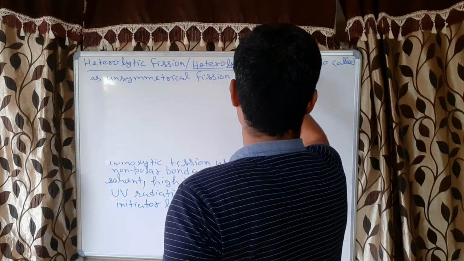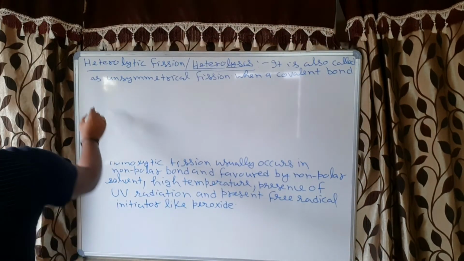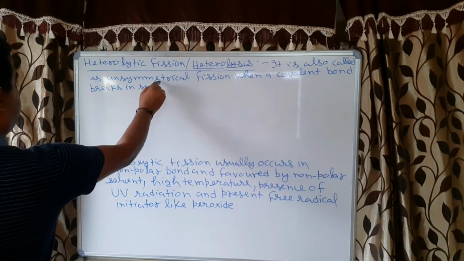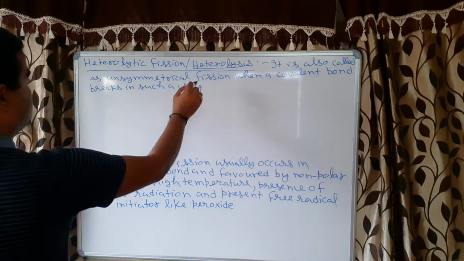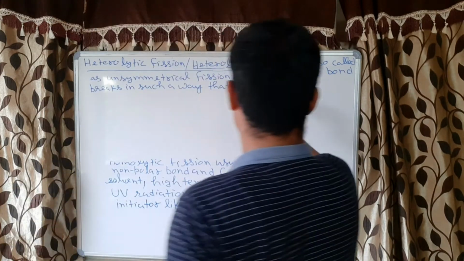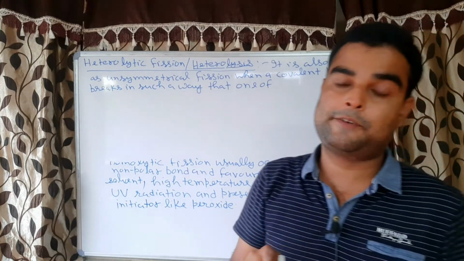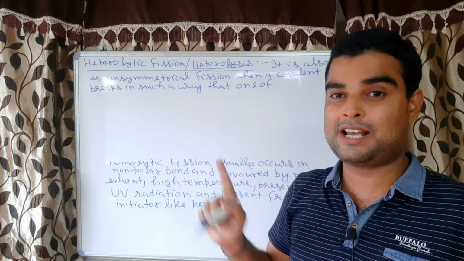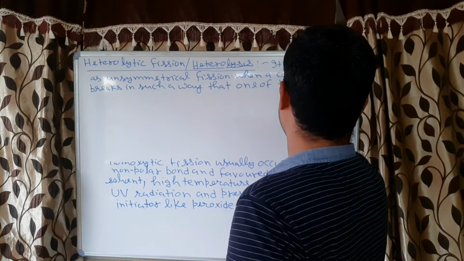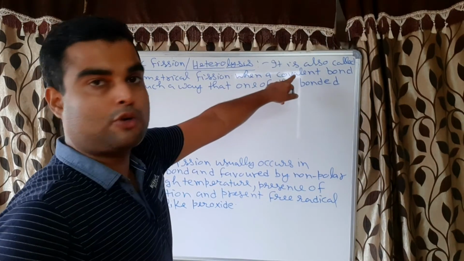When a covalent bond breaks in such a way that one of the bonded atoms, in case of homolytic fission, each bonded atom, but here only one of the bonded atoms, bonded means covalently bonded, correct? Because we are talking here about a covalent bond.